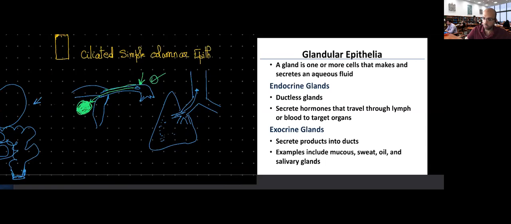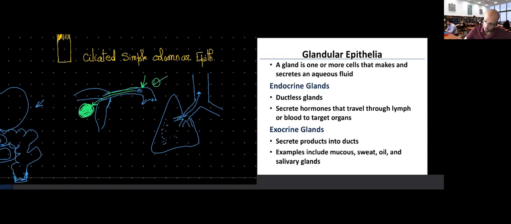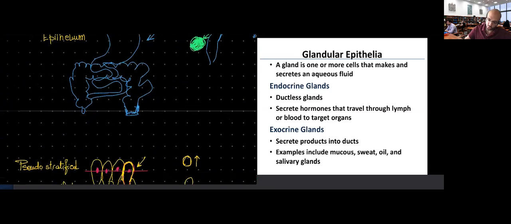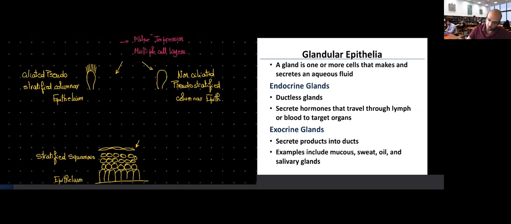And we're going to see in the next type of epithelium what is lining the trachea. So the trachea is not going to be lined with simple columnar ciliated epithelium. It's going to be lined with pseudostratified columnar ciliated. This one on here is the one that will be lining the trachea, which is pretty similar to the simple columnar ciliated.